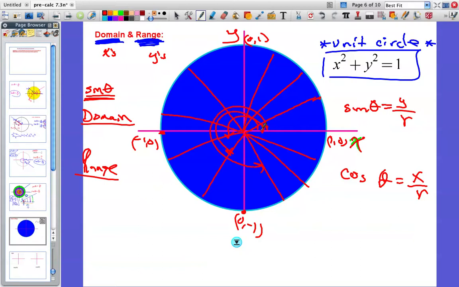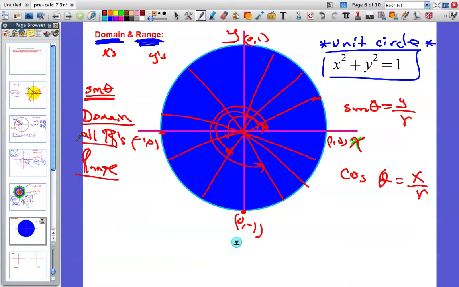Can I do the sine of 1 degree? How about 80 degrees? How about 95 degrees? How about 270 degrees? How about 280 degrees? How about 359 degrees? Could I go around the circle and go 365 degrees? Sure, because that's the same as 5 degrees. So what I want you to think about on the domain is all reals. You can do the sine of any angle.